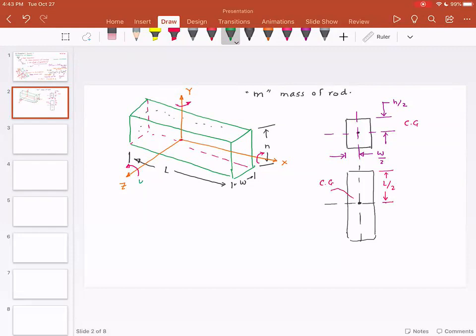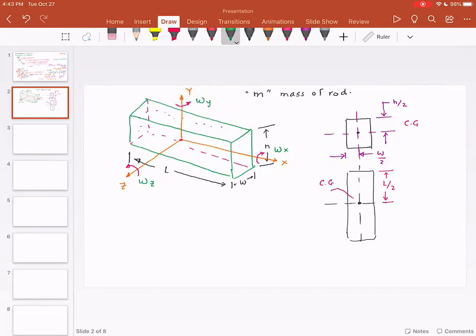Omega Z is the rotation about Z. Imagine for some reason you have a hinge and this rod starts rotating about Z. You have omega X, the rotation about X, and omega Y, the rotation about Y.